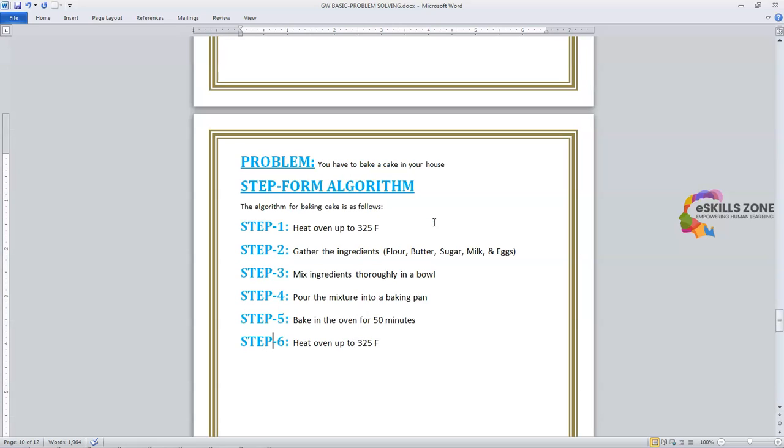Likewise, for solving a problem we write algorithm, and then we design a flowchart, and then we write a pseudocode, and eventually in the end we write a computer program which is actually written in a high level language. That can be any high level language. It depends which type of high level language you're gonna adapt. So there are multiple high level languages as we discussed before. So this is the very basic thing to understand and to solve a problem.